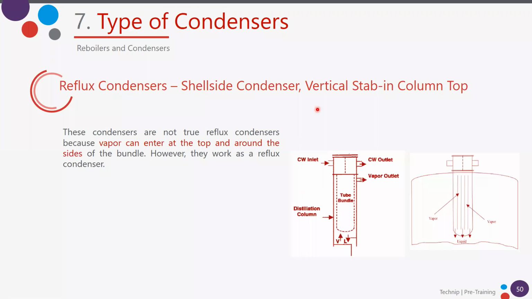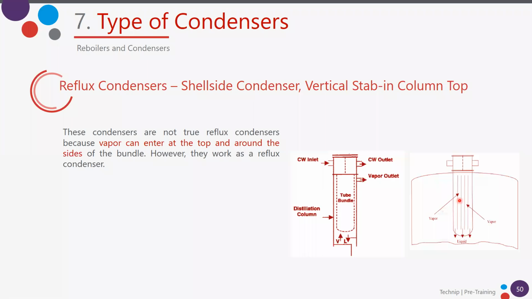Another type of shell side condenser is the vertical step-in column top. It means that the condenser is inserted inside the column. These condensers are not true reflux condensers because vapor can enter at the top and around the sides of the bundle.